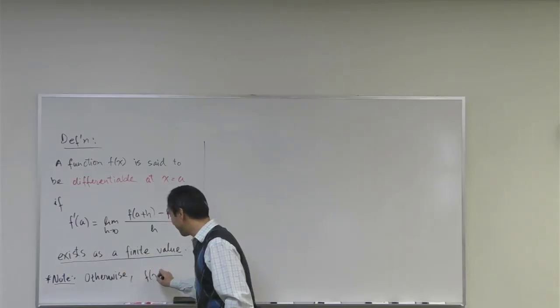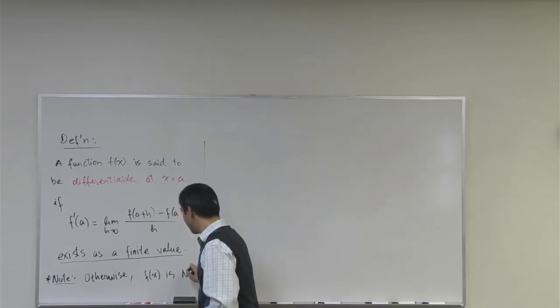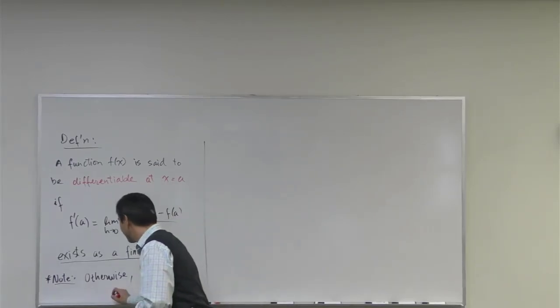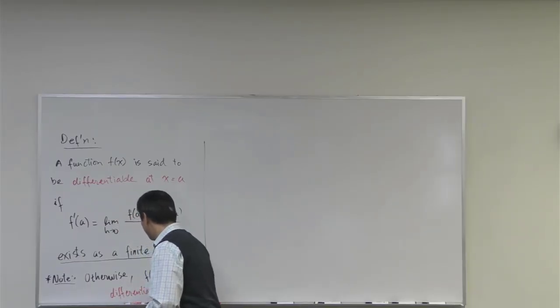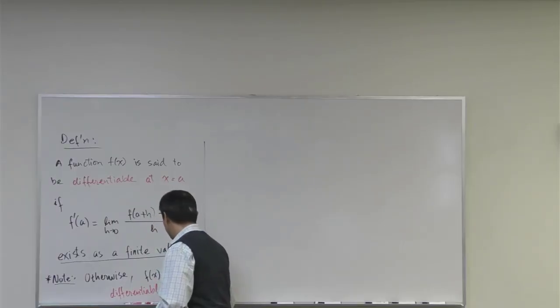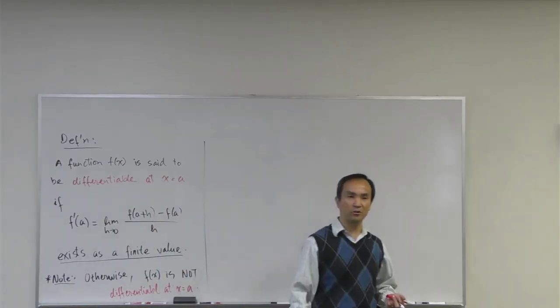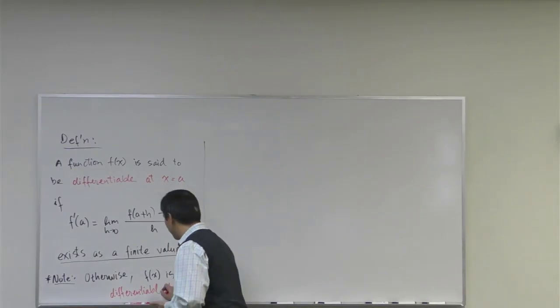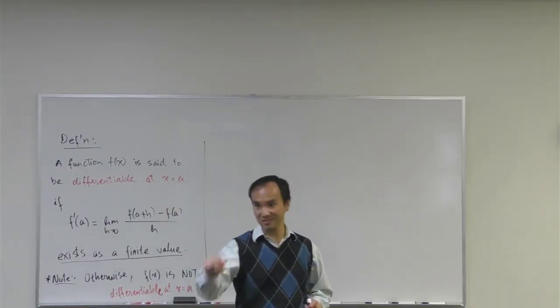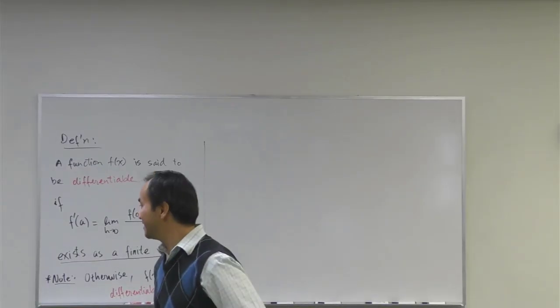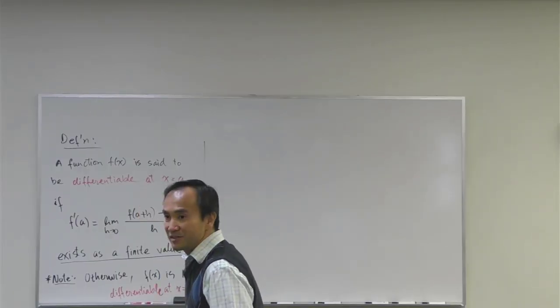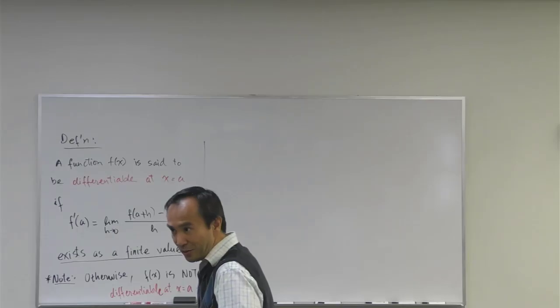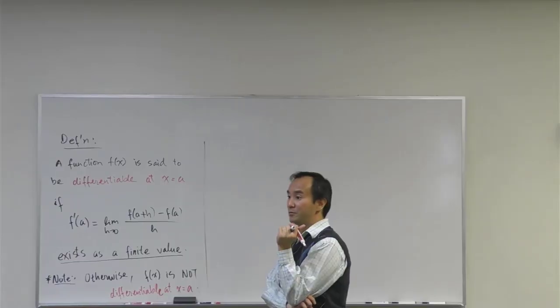Otherwise, f of x is not differentiable at given x equals a. So differentiable is now that term we just now defined. It's more like a property. It's a property of your function at that particular point. Okay. So whether it's differentiable at that point or it's not differentiable. All right, got a definition completely written down so far?